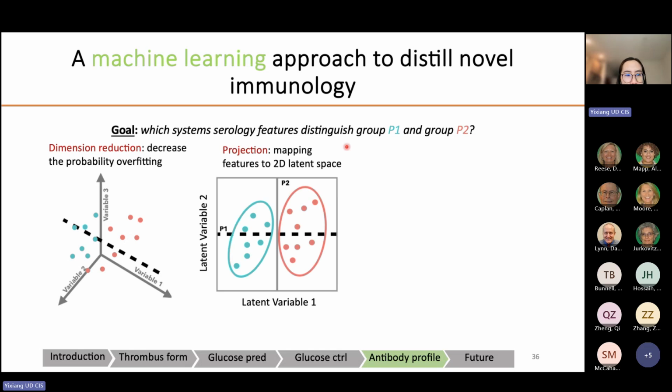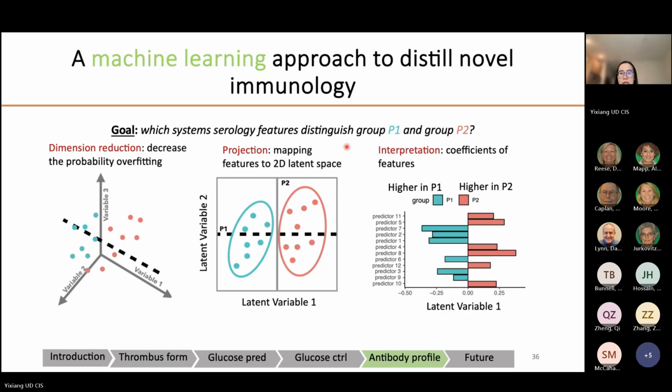Second, using the reduced dimensions, I project them to a 2D latent space to visualize the separation. And the third step is interpretation. I take the coefficients of the features and the corresponding projection in the first latent variable, or further if necessary. And these are some examples of the specific algorithms used in each step.